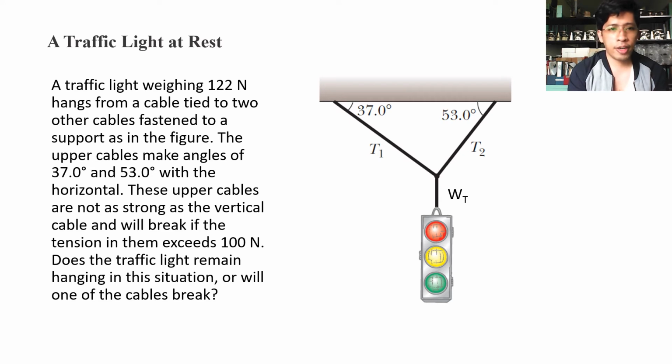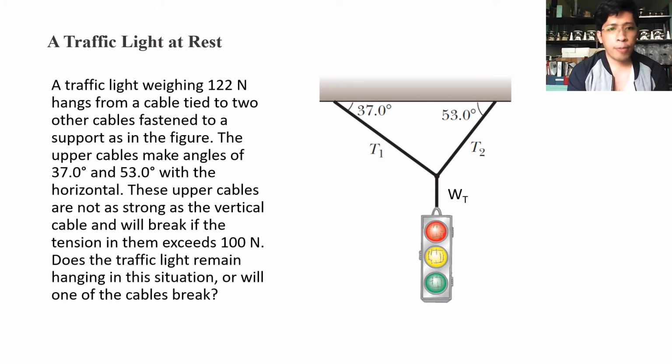Let's have another problem. Still, we're talking about equilibrium problems. A traffic light weighing 122 newtons hangs from a cable tied to two other cables fastened to a support, as in the figure. So what we have here is a traffic light. It hangs from a cable tied to two other supports.